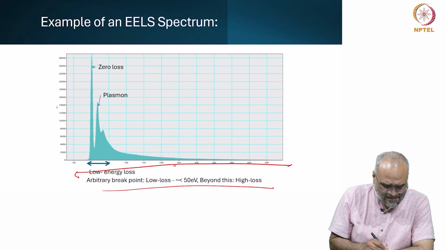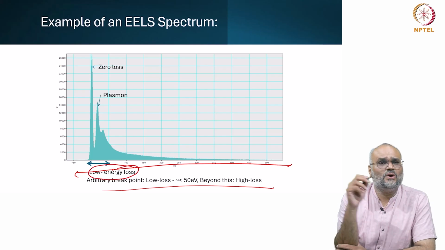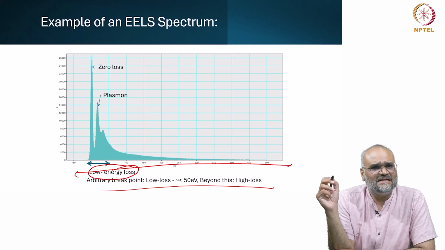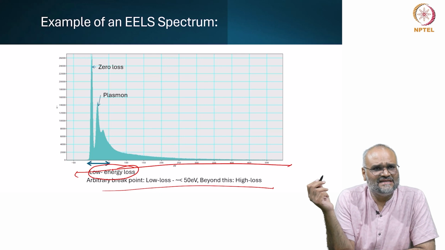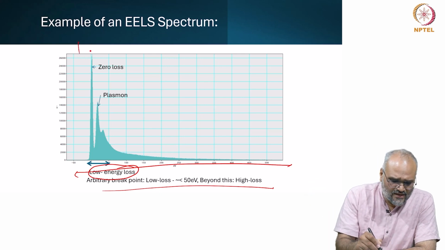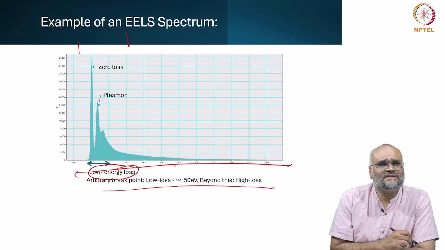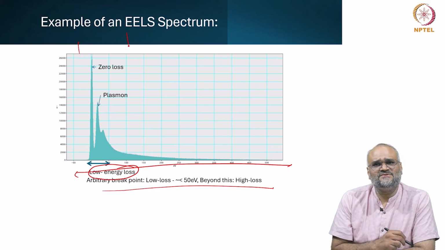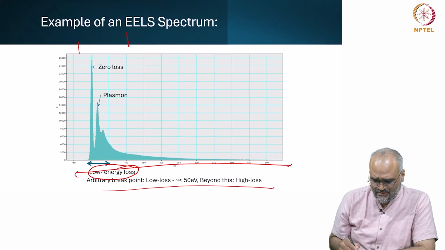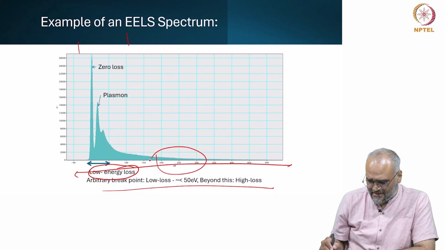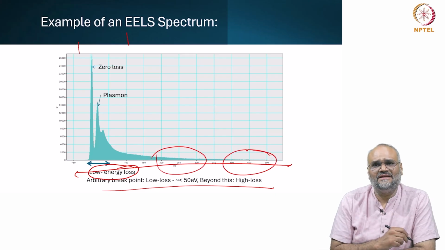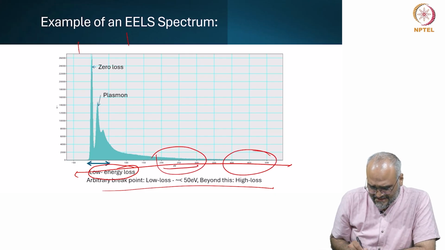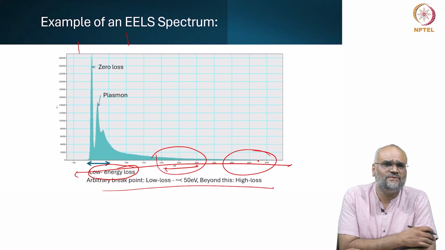I can choose to record only within this low energy loss region, which is typically 0 to 50 or 0 to 60 eV, and I can focus only on information that I get within this particular window. Or if I have elements which have characteristic ionization edges within 200 to 300 or 400 to 500 eV, I can focus only on the signal I collect in this particular energy window.